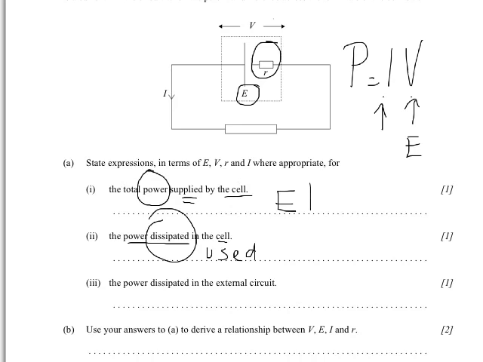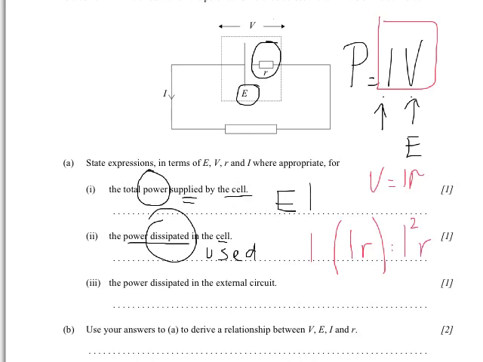Once again, we need to think about the current and the voltage. The current going through it is I, and the voltage going through it we'll have to find using V equals IR. The current going through it is I, and the resistance is small r, which gives us I squared R.